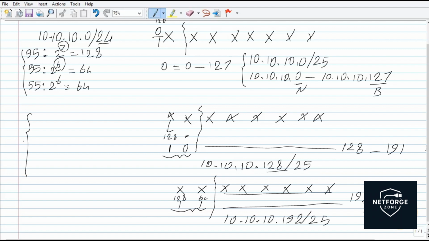I write all of them again. I have 10.10.10.0/25. And why do I write this 25? These are /26. I'm so sorry for this. I forgot to write all of these down.